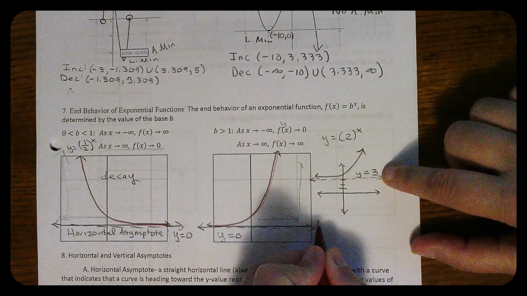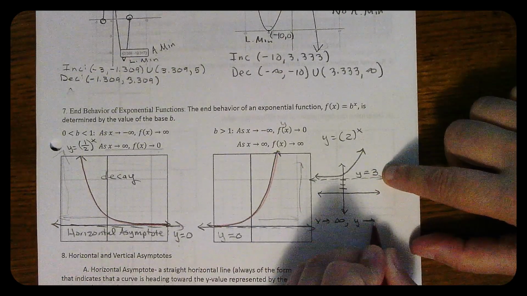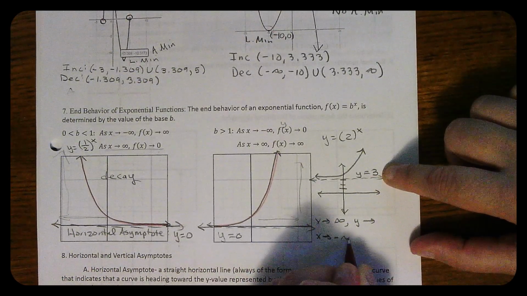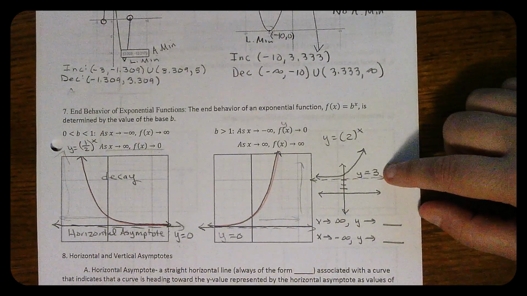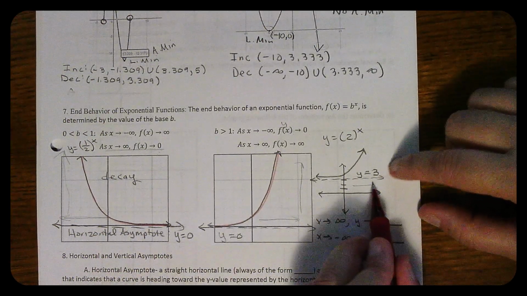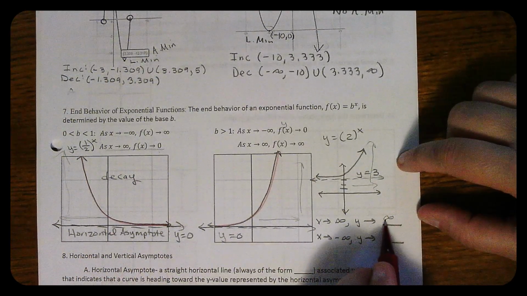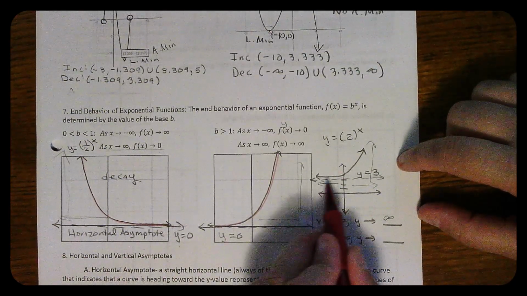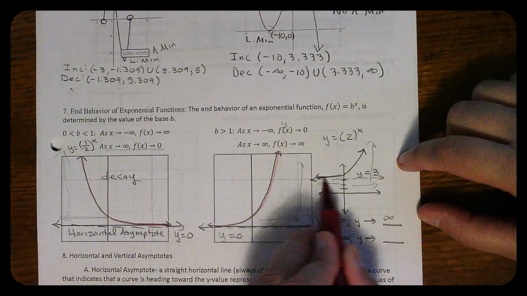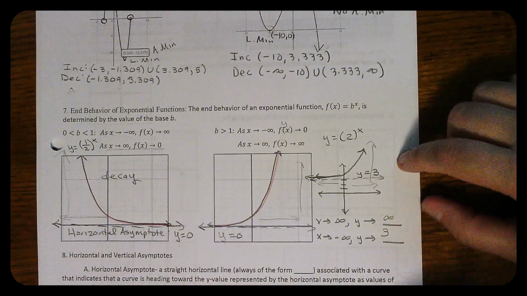As x goes to infinity, where does y try to go? And as x goes to negative infinity, where does y try to go? Do you know? As x goes to the right, y is going up, so that one's just going to infinity. But as x goes to the left, where's y trying to get really close to? That's right, 3.